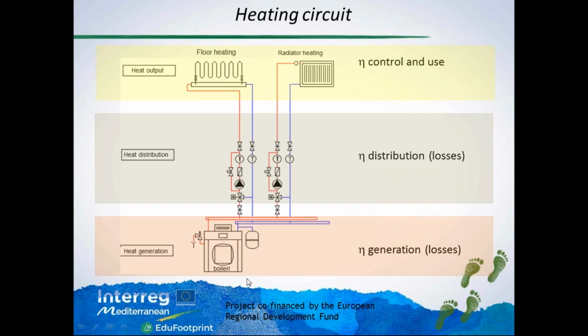So it's not sufficient to have a very good heat generator if the distribution and the control and use are characterized by a very low efficiency, because as you may know, the final efficiency value is the product, the multiplication between all those factors, and being all those factors less than 1, it is sufficient that one of those is very low, and the final result will also be very low.